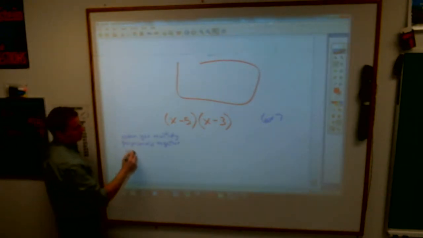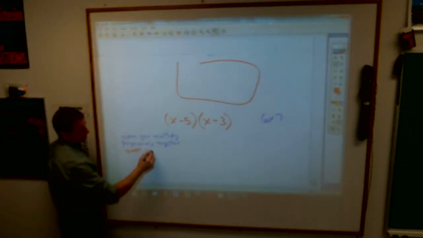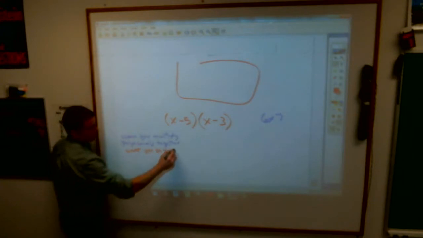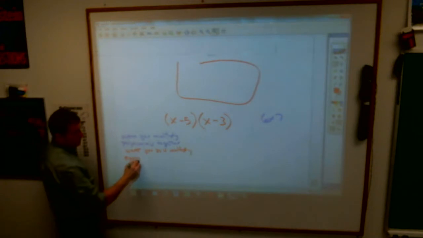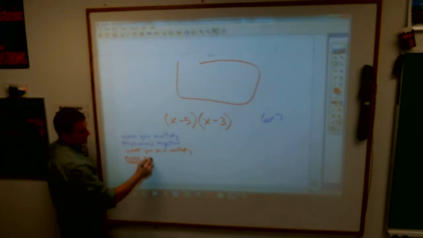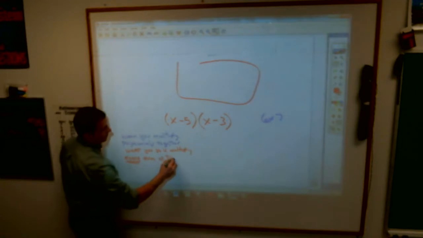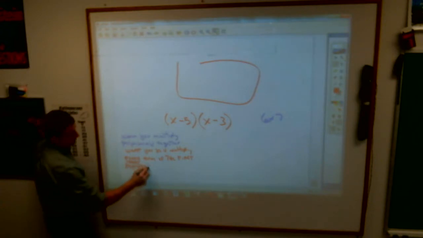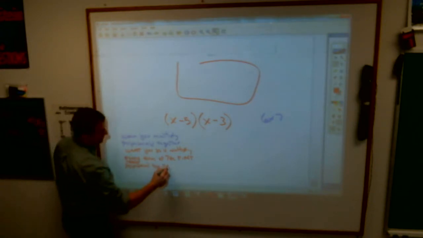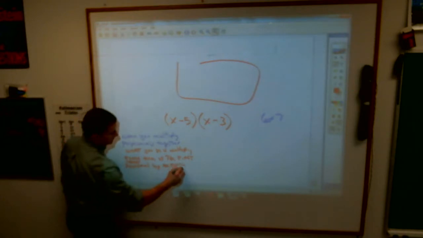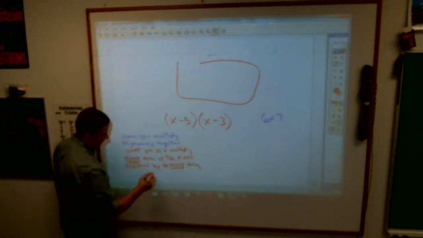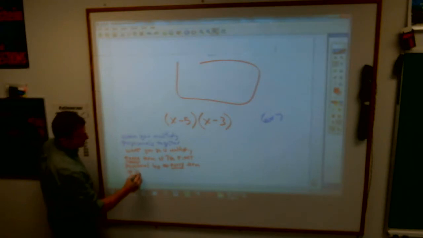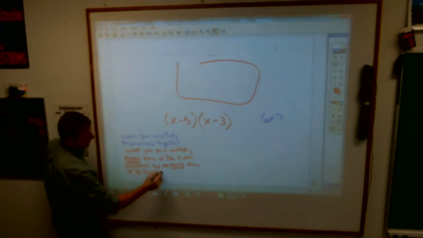What you must do is multiply every term of the first polynomial by every term of the second polynomial.